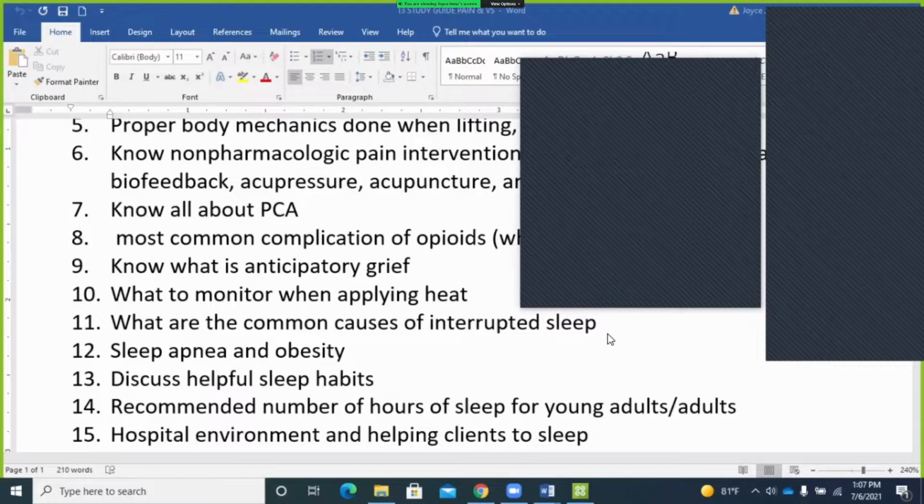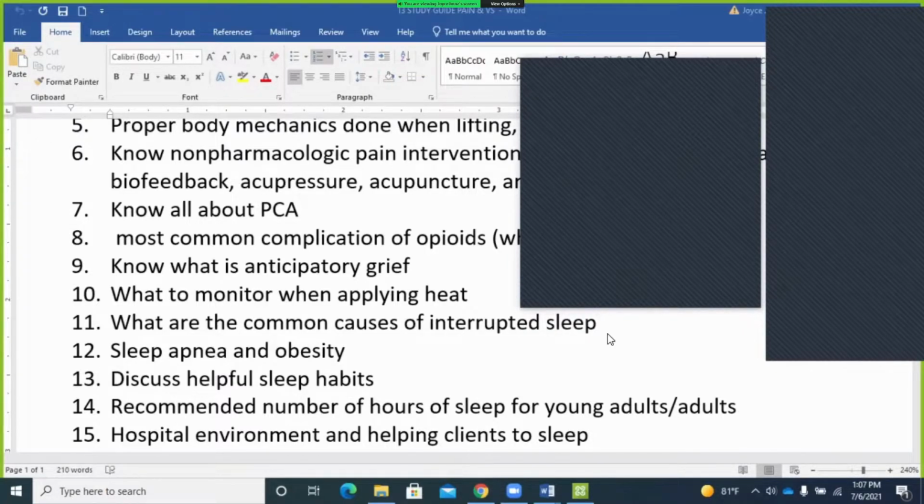Reposition me in bed is one. That's how you modify my perception of pain. Maybe I'm in pain because of this uncomfortable feeling: I'm lying on my tubes, I have wet pads. If you try all of those and it's still not enough, then you can offer some pain medication.